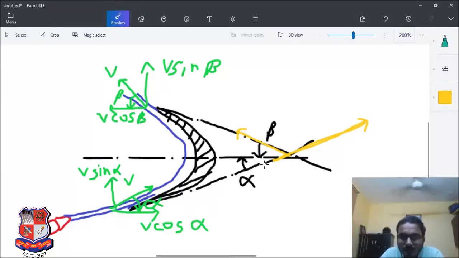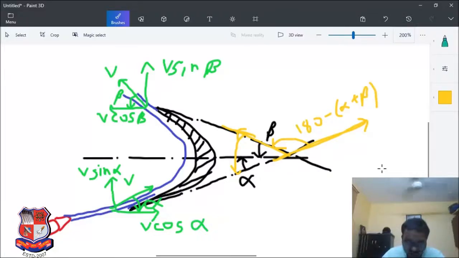So this was alpha plus beta. If you see this angle, then the angle of deflection will be this, that is 180 minus (alpha plus beta). So that will be our angle of deflection in this case.